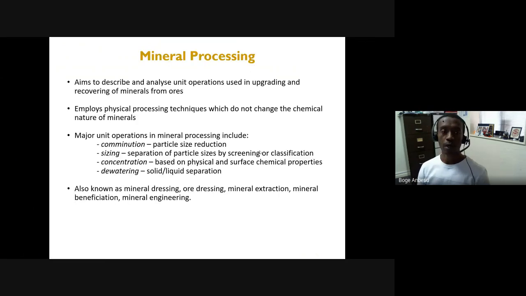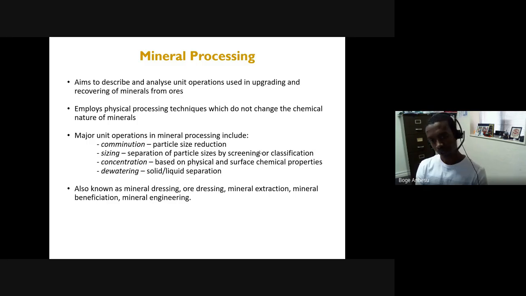Okay, so as you all know, this unit is mainly concerned with mineral processing. What I want you to know is that mineral processing is only part of the processes we involve to extract metals, for example.